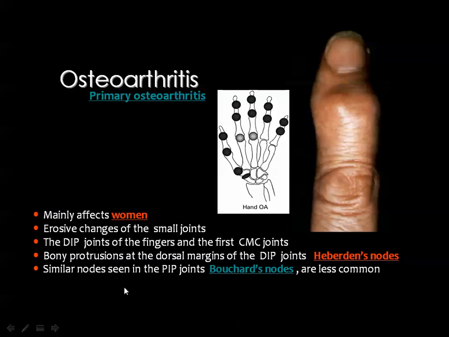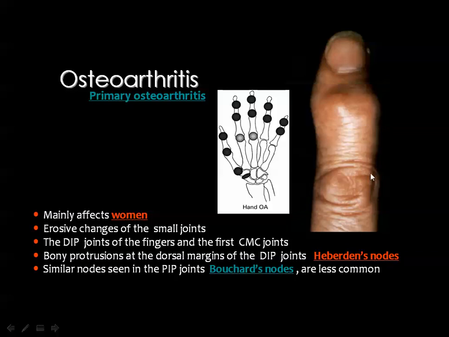Then there are particular manifestations of osteoarthritis all over the body, as you all know, including narrowing of the joint space, subarticular bone sclerosis, and osteophytic lipping of the articular surfaces. And here in the hand we have particular appearances, where bony protrusions of the dorsal margin of the distal interphalangeal joint, as you can see here, are known as Heberden's nodes.